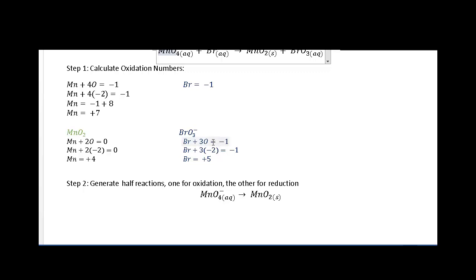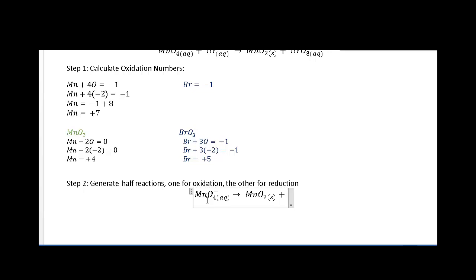So let's first do our first half reaction. MnO4 minus goes to MnO2. The first thing we want to do here is, well, the Mn and Mn are balanced at 1 apiece, so that's fine. What we want to do here is balance the oxygens. So let's balance the oxygens with OH because we are in basic solution.